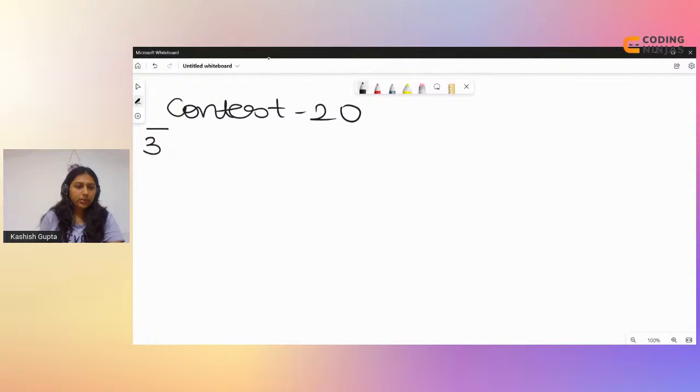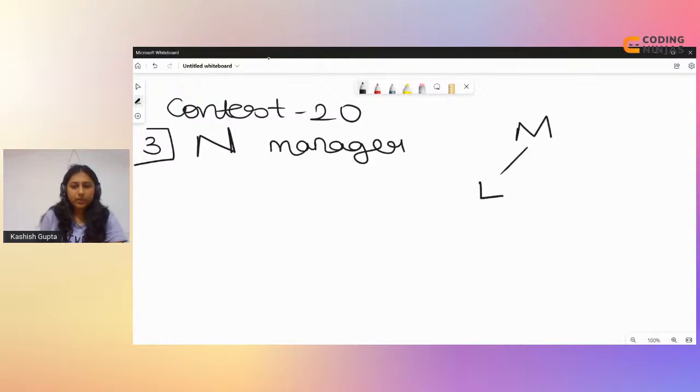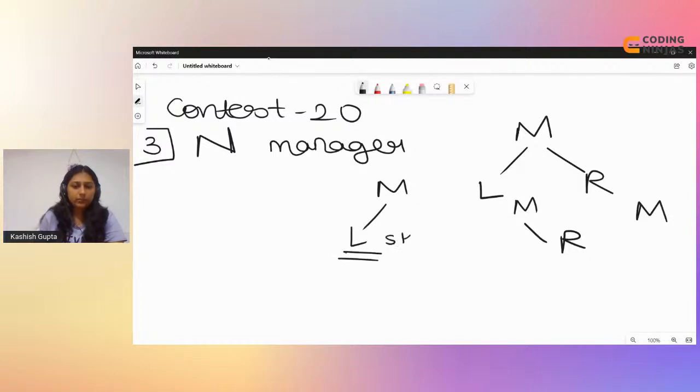So the third question is basically: there are n managers. Let's say this is M. It can have a left child, it can have a right child, and it's also possible it has only L, only R, or no child at all. And each node represents a skill.